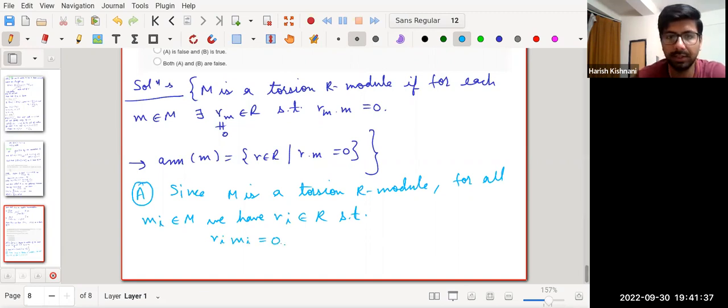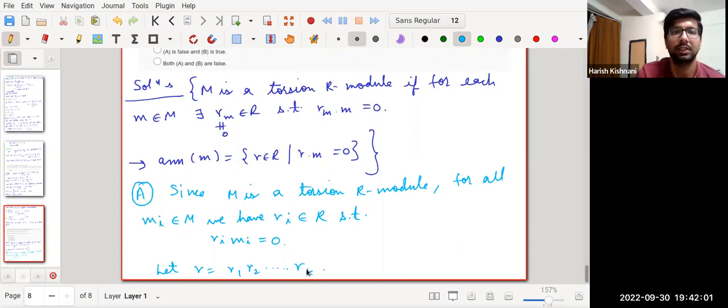This is just by the definition of a torsion module. Okay. So now let us define r to be the product of these ri's.